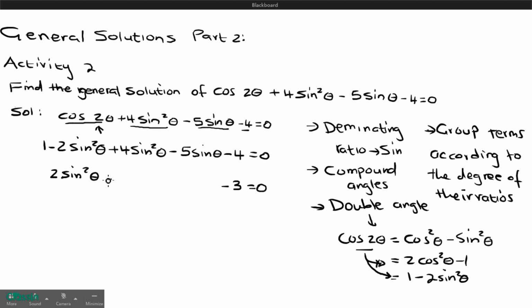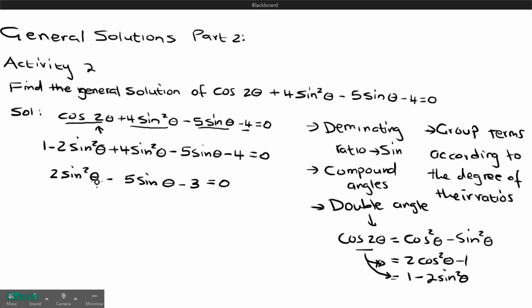Then we have minus 5 sine theta. Let's rewrite this. Then minus 3, all equal to 0.